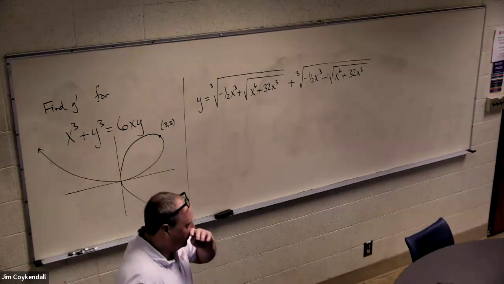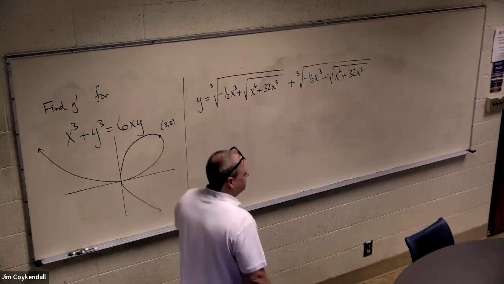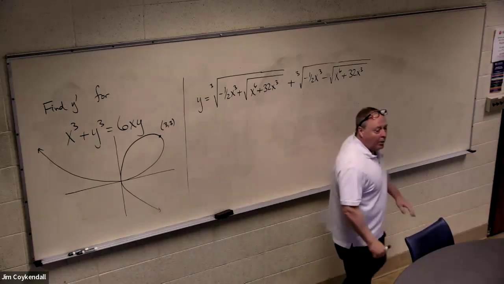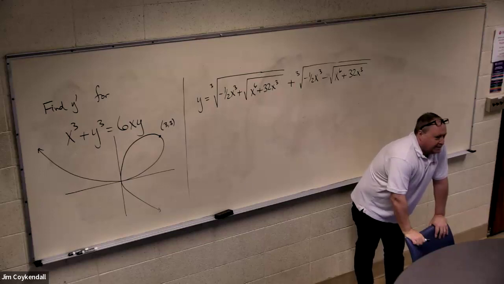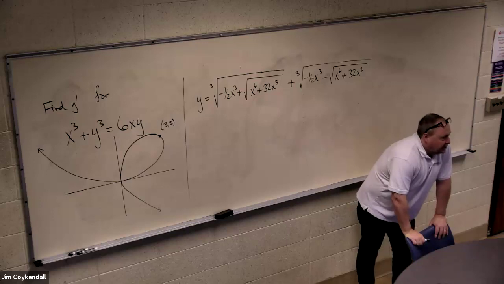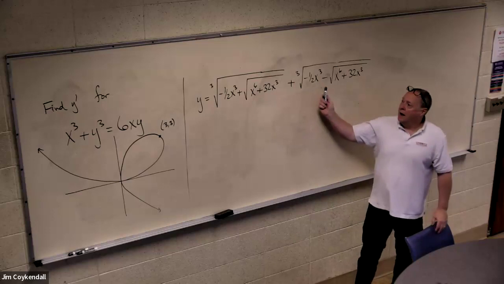There are a number of problems with this. This is correct, but number one, where did I come up with it? How many of you know the quadratic formula? Yeah. You know this, right? How many of you know the cubic formula? Nobody teaches this. You can do this.